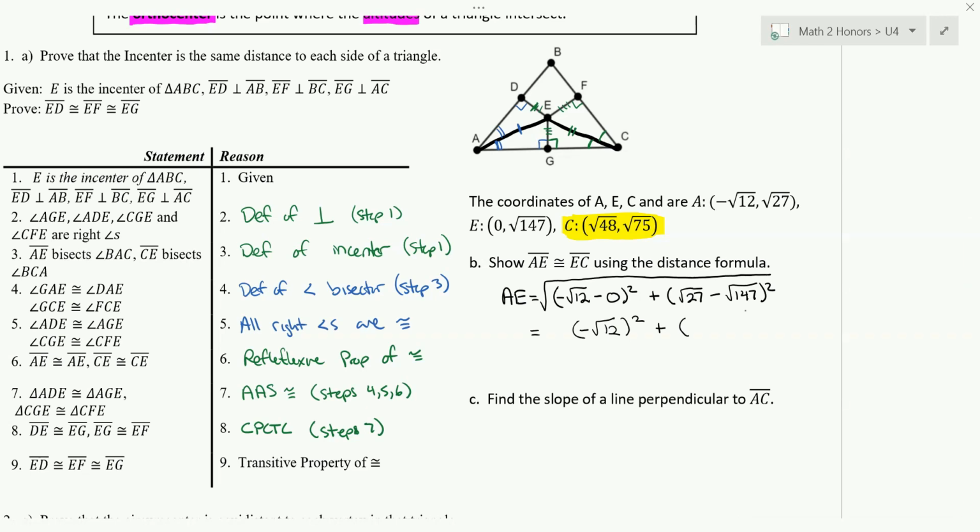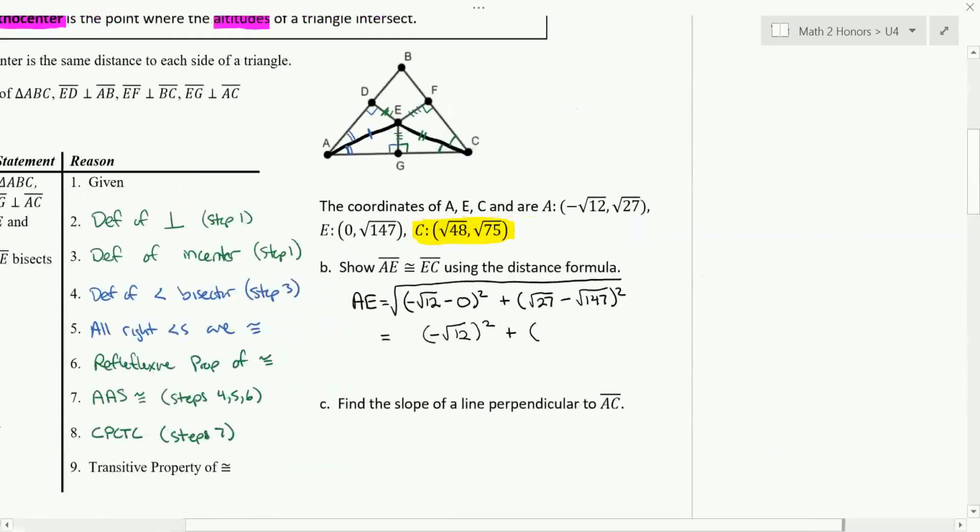Actually, we're not allowed to subtract square roots if they're not the same. You can only add or subtract square roots if they're exactly the same. So we're stuck here unless we could simplify. Square root of 27, can we break that down? We can actually change it to 3 root 3.